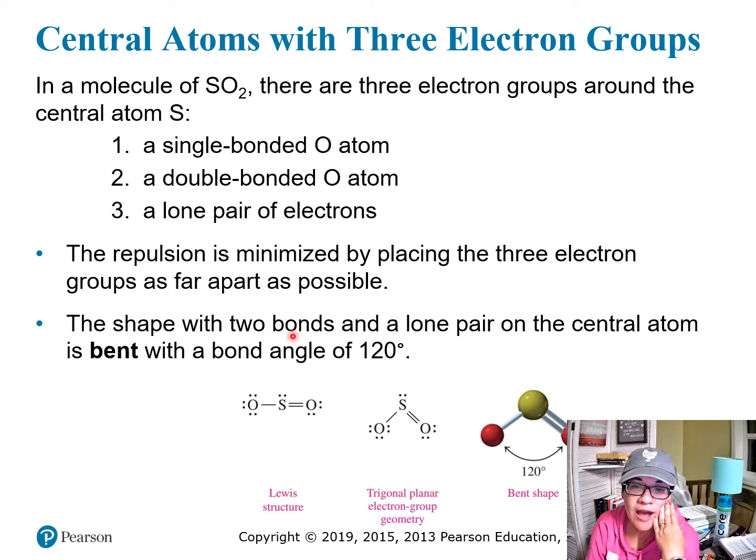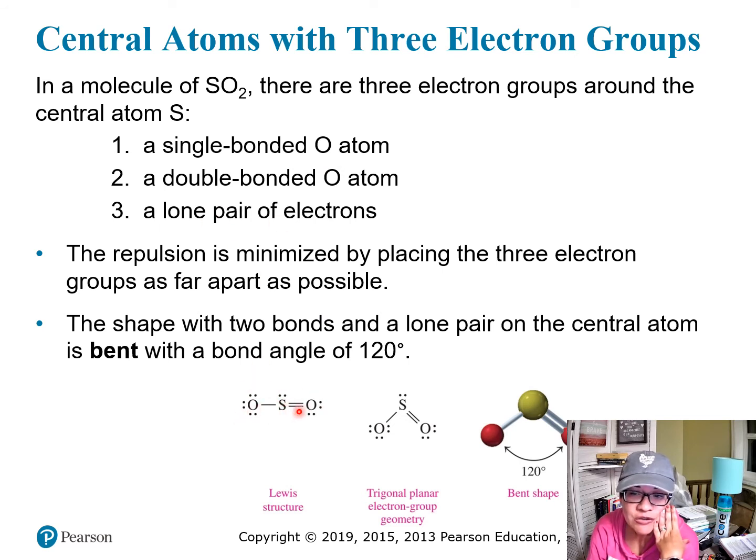We can also have a situation where an atom is only bonded to 2 things, but it still has a trigonal planar arrangement. So let's look at why this is. In this molecule, SO2, you're going to have a single bonded O, which is here, a double bonded O, which is here, and then a lone pair of electrons, which is here.